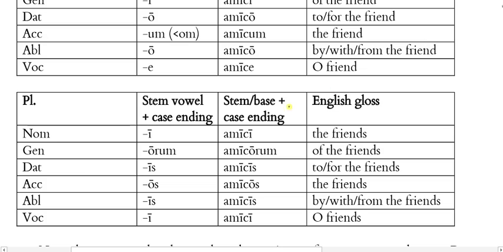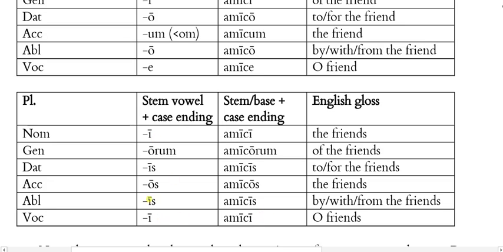On the plural forms, we have i for nominative plural, amici, the friends; orum, that's genitive plural, amicorum, of the friends; dative plural is, amicis, to or for the friends; os, accusative plural, amicos, the friends; ablative plural, is, again, dative and ablative are the same, amicis, by, with, from the friends; and then i for vocative plural, amici.